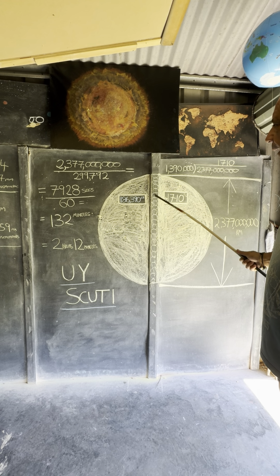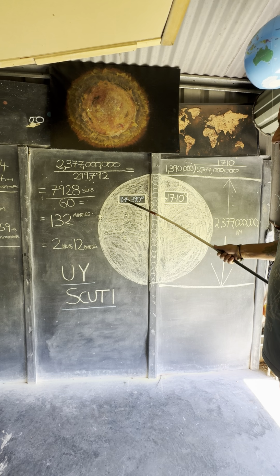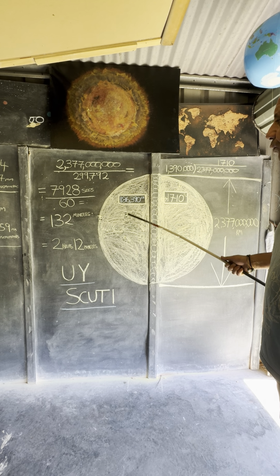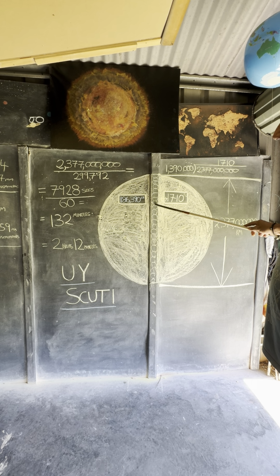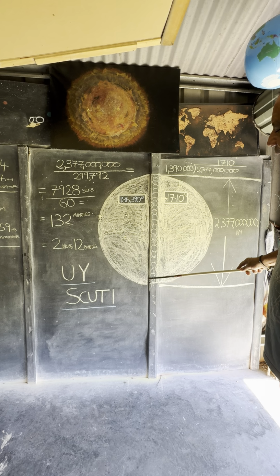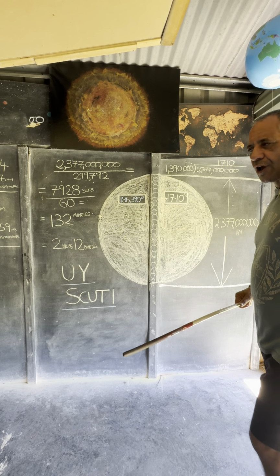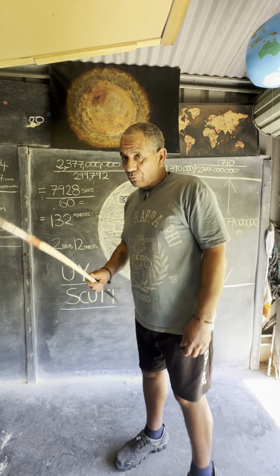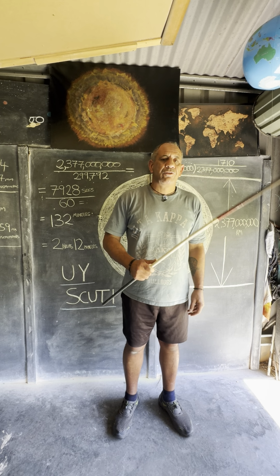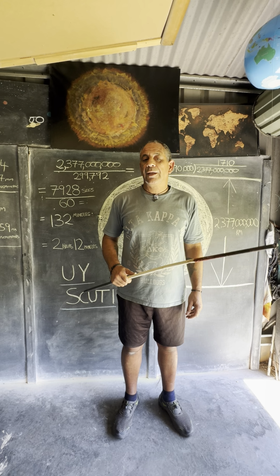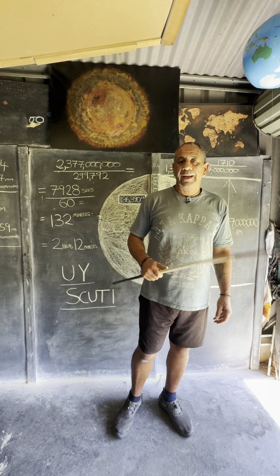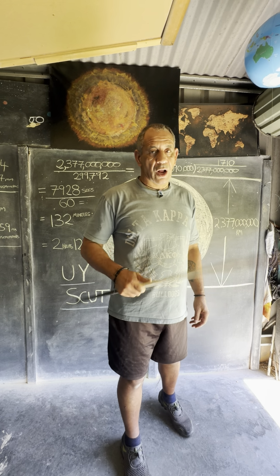If we put planet Earth's in Scuti's diameter, there's 186,390 planet Earth diameters in UY Scuti. It is a monster. I repeat, the light radiating from the stars and from our sun, it's absolute. It is a slam dunk.